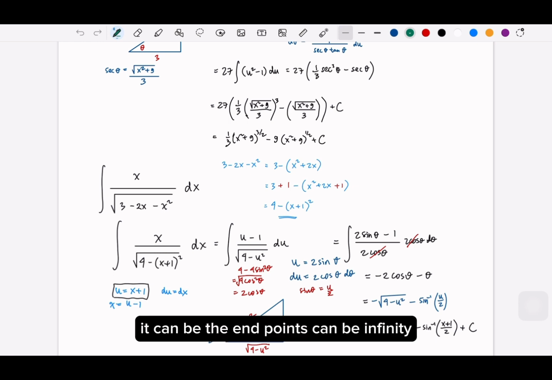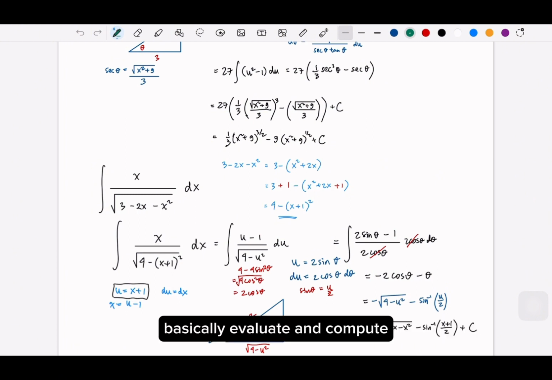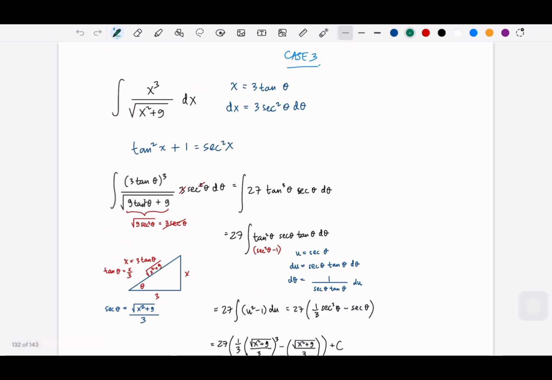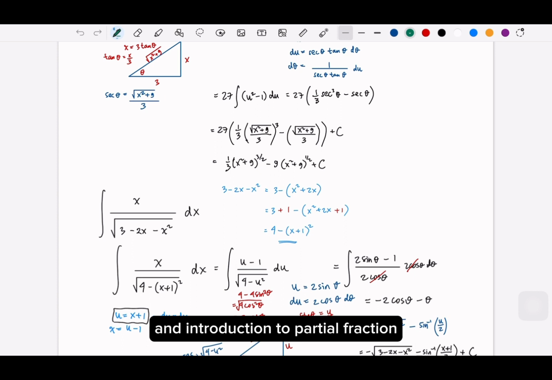It can be the endpoints being infinity, or if it has any discontinuity, we can approach the integration with a limit that we can evaluate and compute. So my goal today is this method and an introduction to partial fractions.